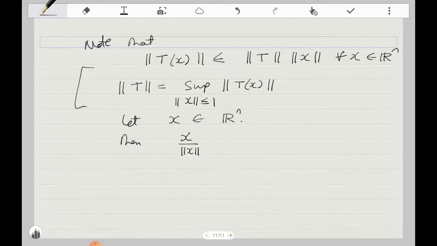That is something I can use on the right hand side, because its norm is exactly equal to 1 and I allow all vectors with norm less than or equal to 1. So if I take T of this and then the norm, since the left hand side is a sup of the right hand side, anything on the right hand side will have to be less than or equal to norm T.